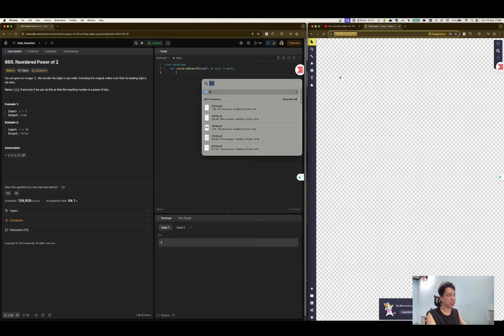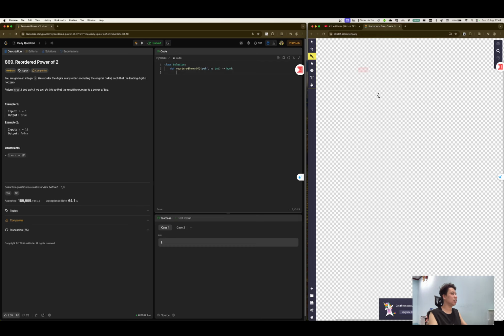We need to count the digits, so we check the powers 1, 2, 4, 8, 16, 32, 64, something like that, and check the digit counts against the given number. For example, 4 gives one of that digit, and 6 gives one, and the counts are the same, so that's the number.